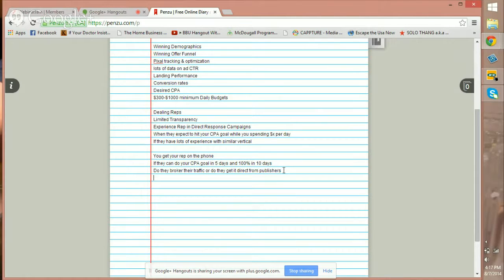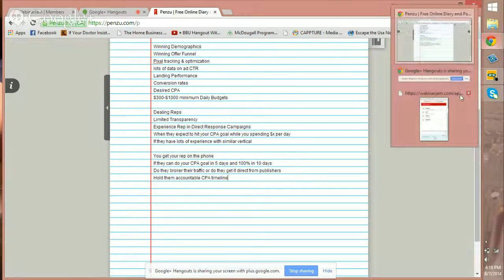So the next thing, make sure you get them to commit and make them accountable for the CPA timelines. Remember, 50% in 5 days and 100% in 10 days. Make sure that they stick to it. Is it making sense?